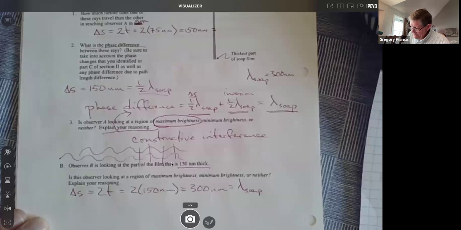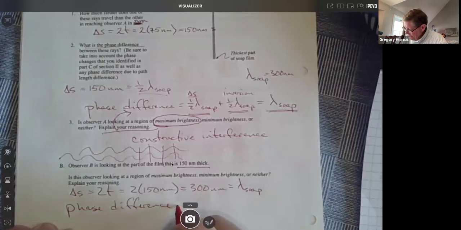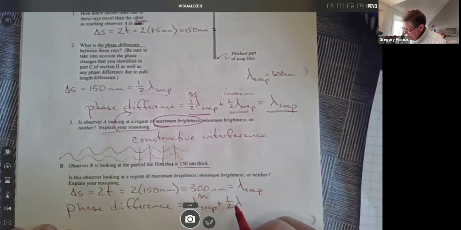So the phase difference between the two rays is going to be one wavelength due to the change in path length, plus that flippage that happened on the first surface.